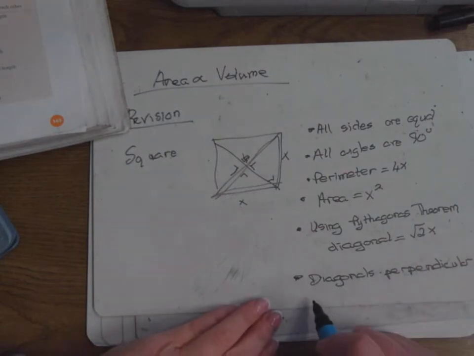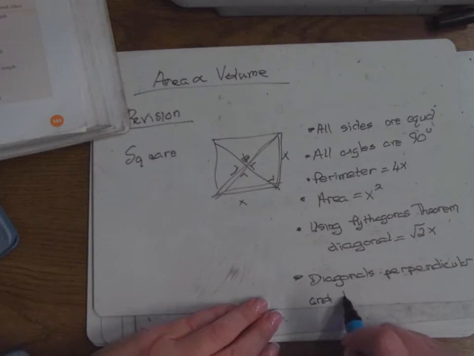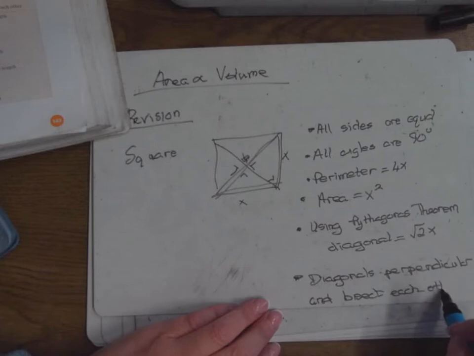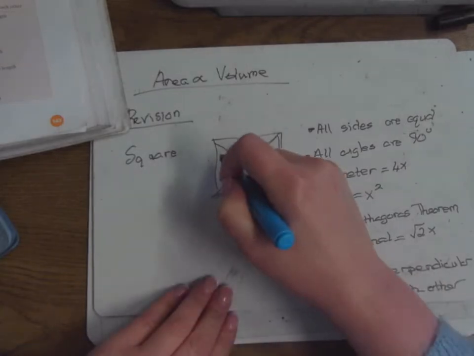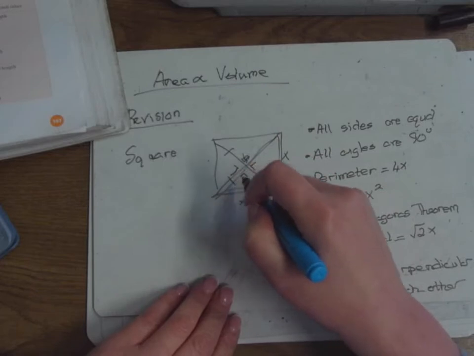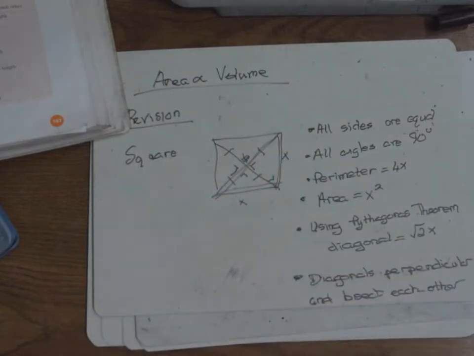And they bisect each other, so that means they cut each other in half. So the length of that line is equal to the length of that line, is equal to the length of that line, is equal to the length of that line.